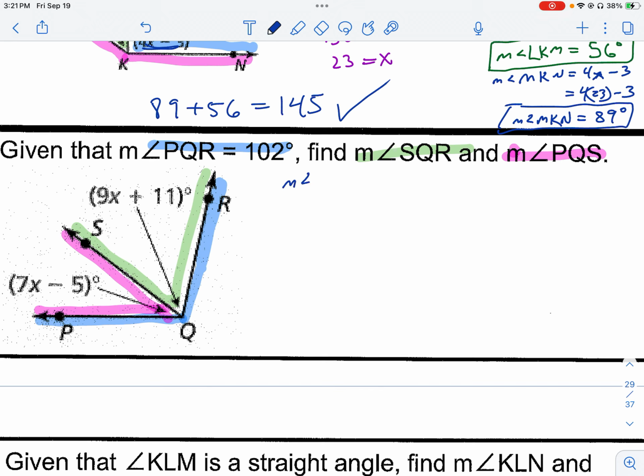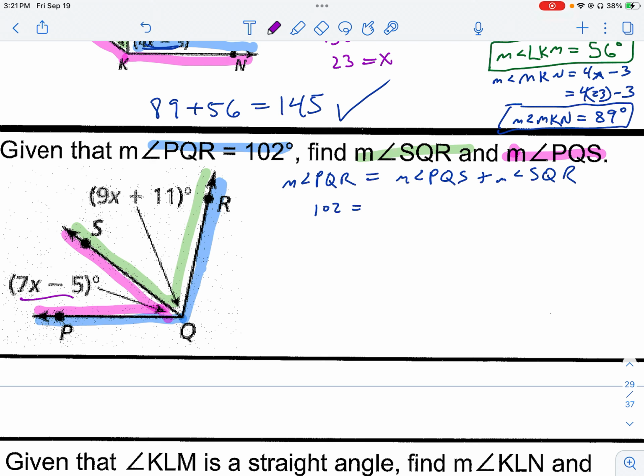The measure of angle PQR equals the measure of angle PQS plus the measure of angle SQR. Well, we know PQR is 102, so let's substitute that in.